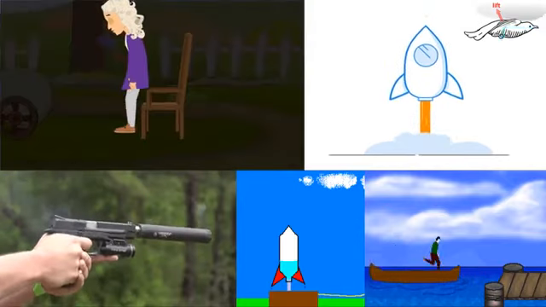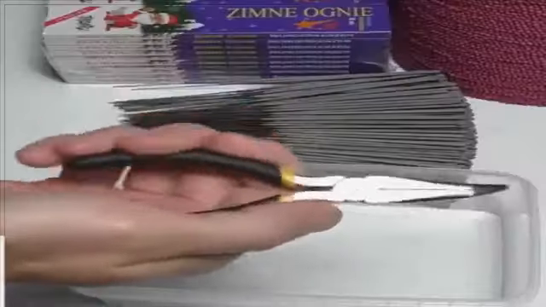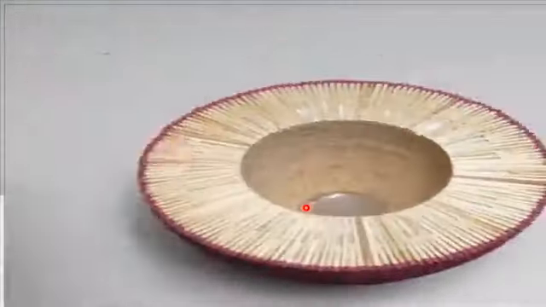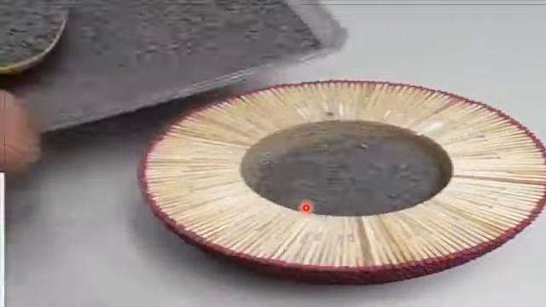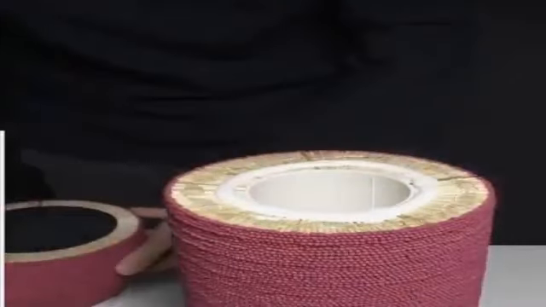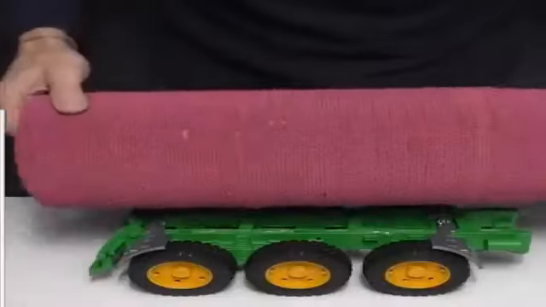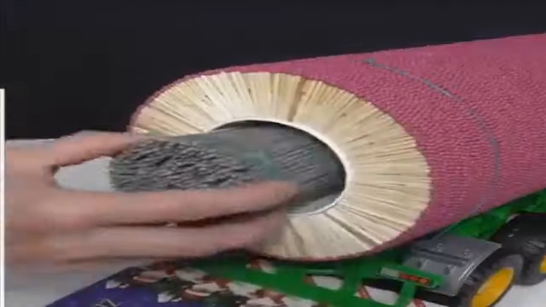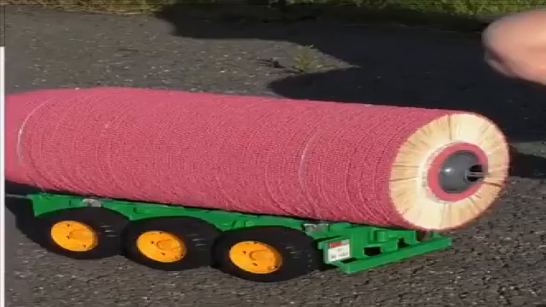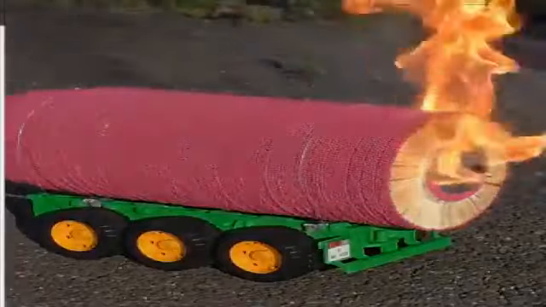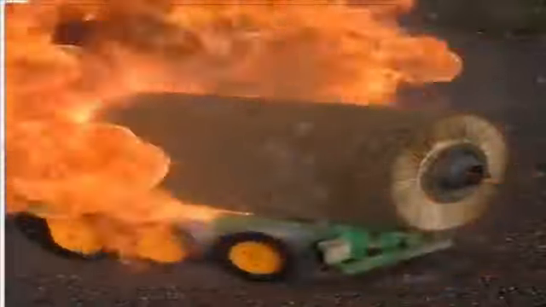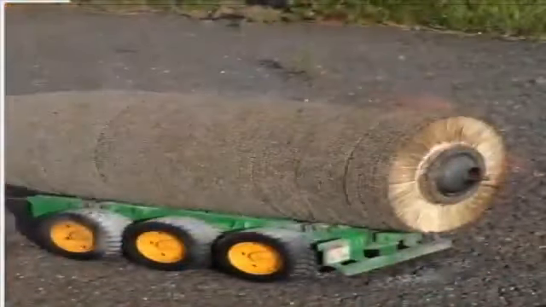Even the bird which is flying. Here you can see that we are making a small rocket kind of thing with the help of crackers and matchsticks, and we place it on a toy car. Once you place it on the toy car and ignite it, you will see that the object moves.